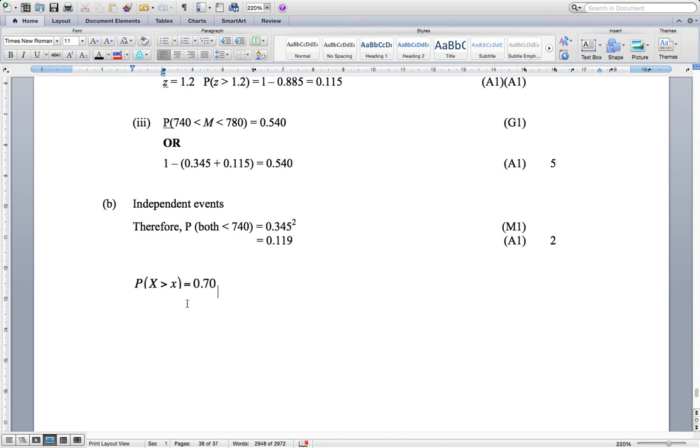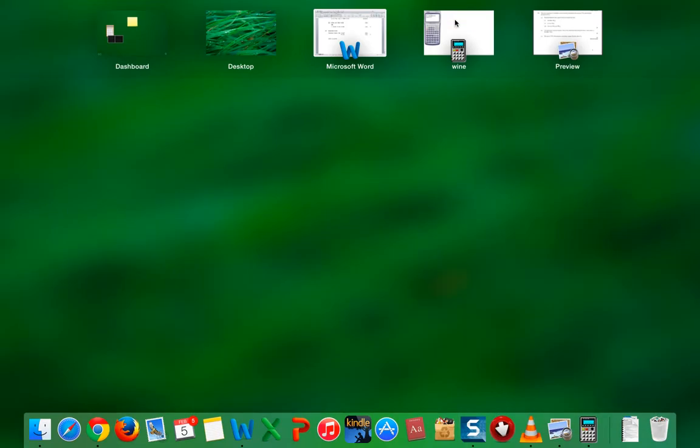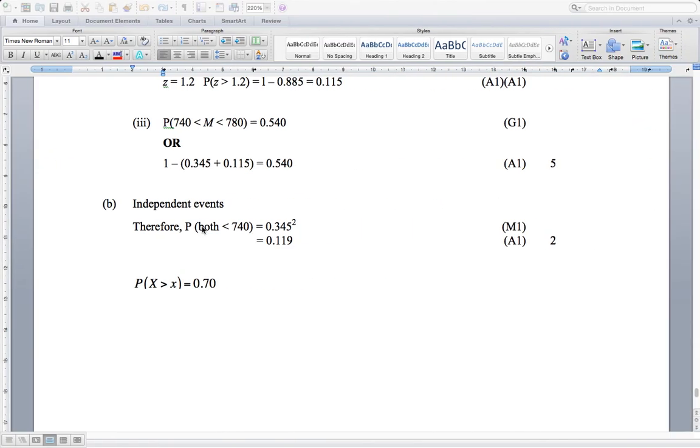Okay, so here I have the probability, I need to find the value of x. So I'll use inverse normal. So Exit, Distribution, Normal, Inverse Normal. Now here tail will be on the right hand side.